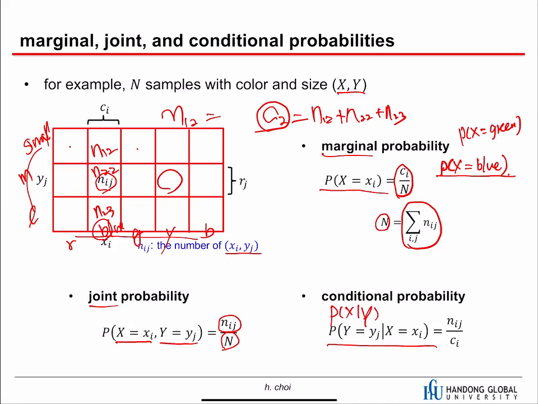So the color is blue, and then among these samples, what is the probability of small samples? In that case, that is a ratio of n sub ij to c sub i. So c sub i is the total number of samples in this condition. And given this condition, we are interested in the number of this sample. Okay, that is conditional probability.